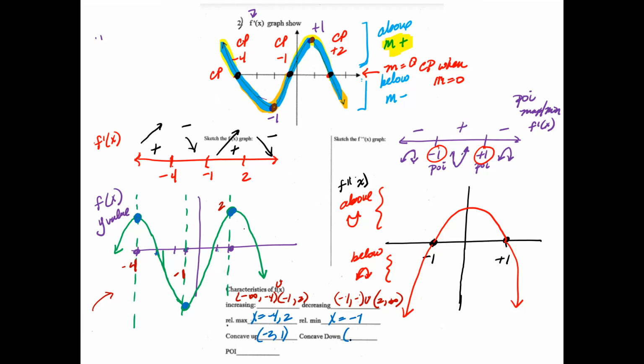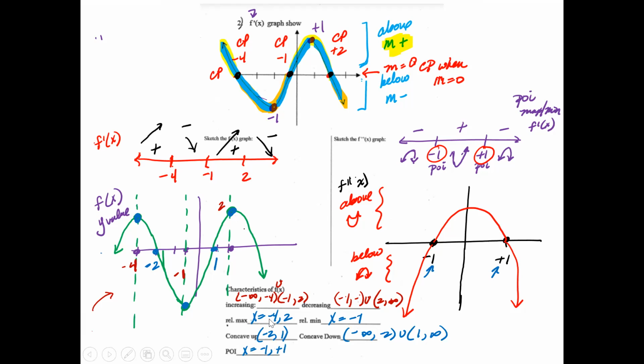And it's concave down, and if you look at it from -infinity all the way to -2, so here's your -2, here is your 1, so -infinity to -2, union, and it's also concave down between +1 all the way to +infinity. Point of inflection, your points of inflection are these 2 points right here, so that's x equals -1 and +1.